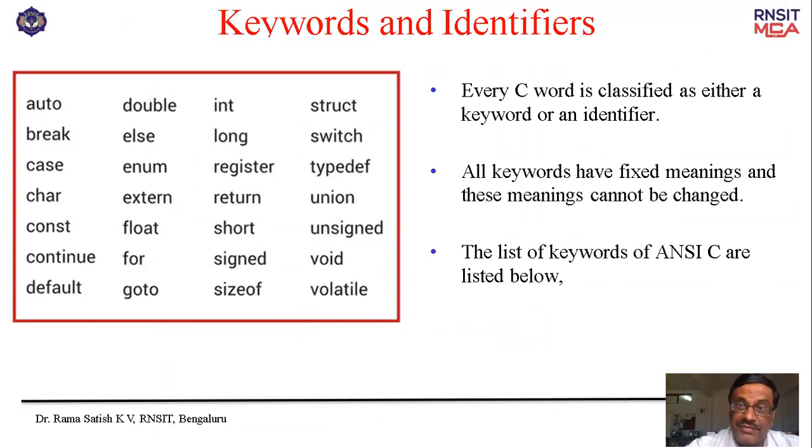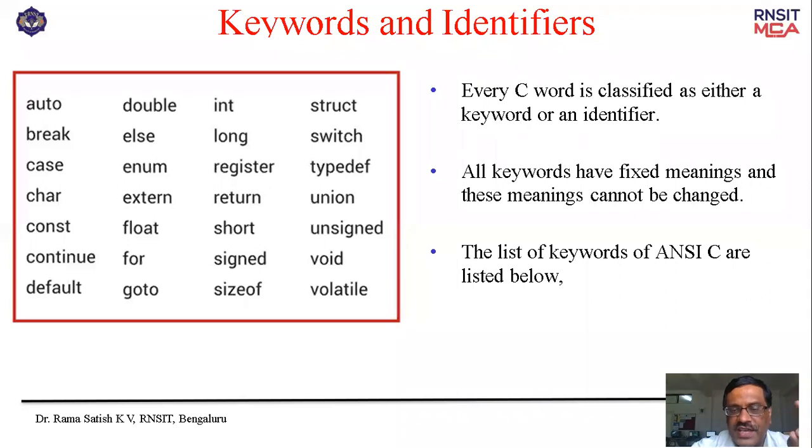Every C word is classified either as a keyword or an identifier. A keyword is a word whose meaning is already defined in the header file, in the compiler itself. It is what we call a predefined word, keyword or reserved word.